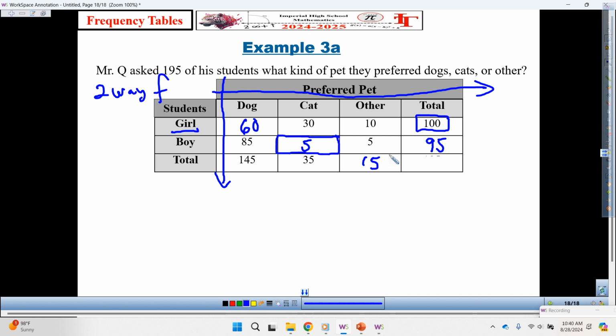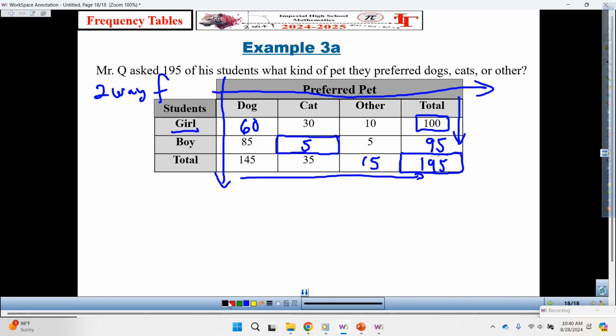That is correct. So now watch. This is the total of totals. It can be either this way or that way because it's a two-way. 100 plus 95 is 195, or 145 plus 35 plus 15 is 195.